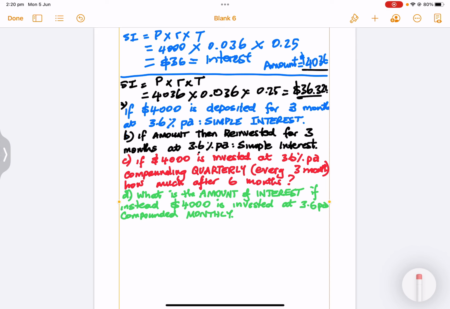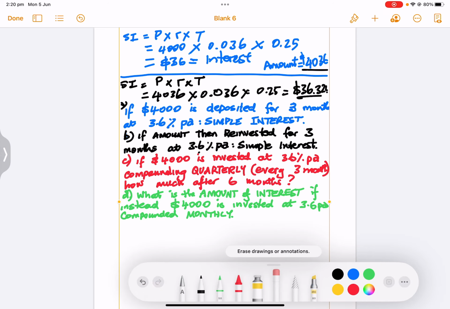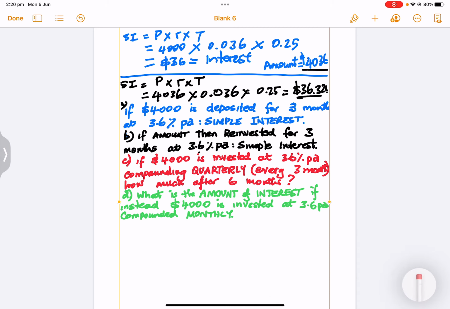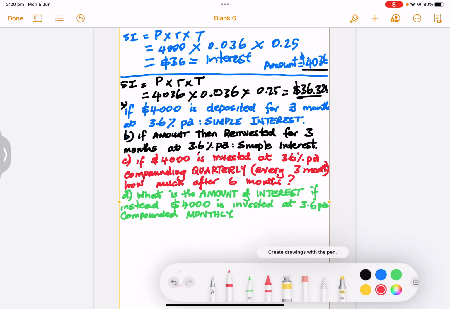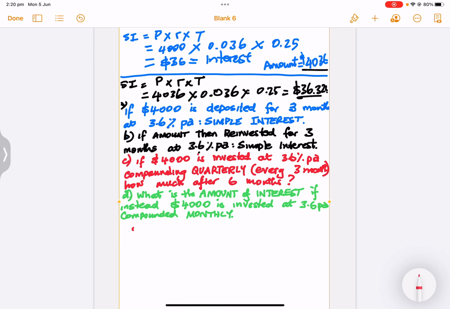Okay, that's part B. Part C, red. $4,000 is invested at 3.6% compounded quarterly. How much after 6 months? All right, well, there's no calculations required here because we've just done that. We did 4,000, we invested it for 1/4 of a year, we came up with that amount. We took that amount, we invested it for 1/4 of a year, and we came up with an extra $36.32.